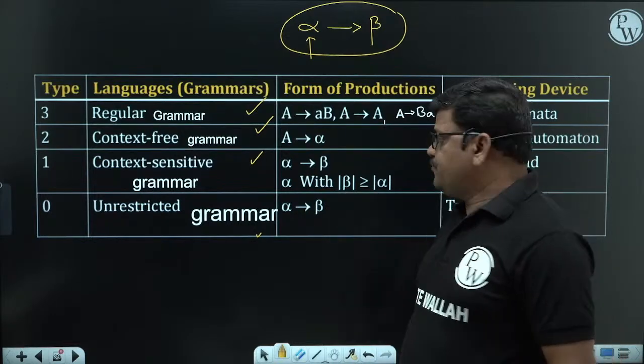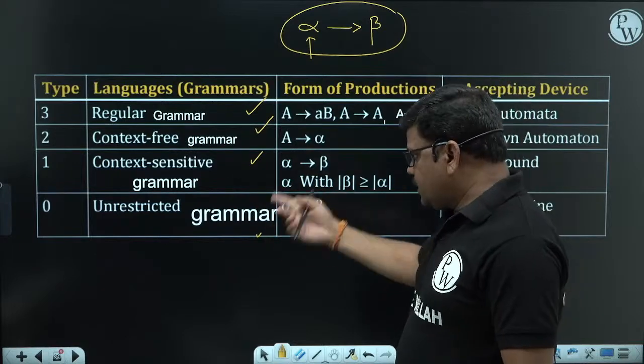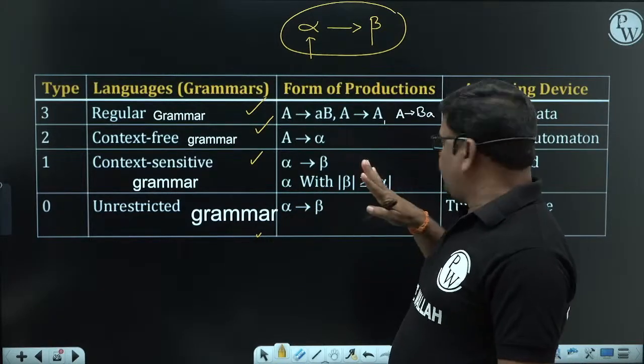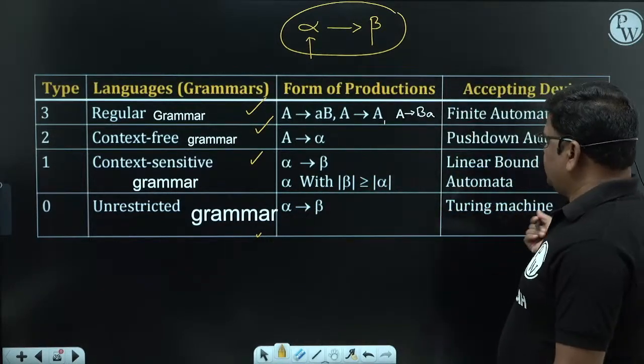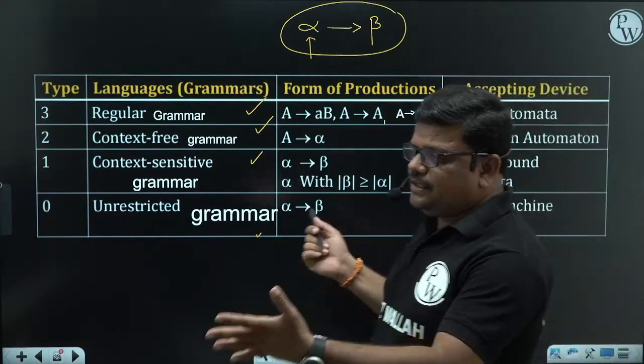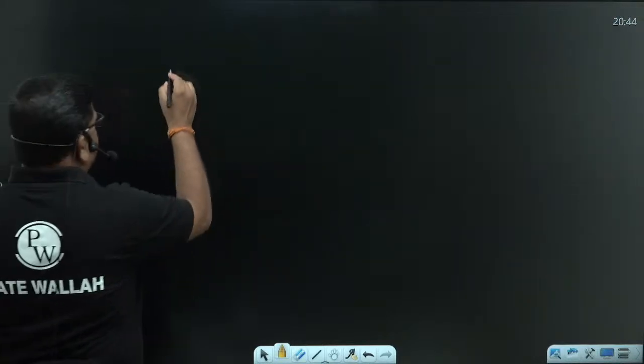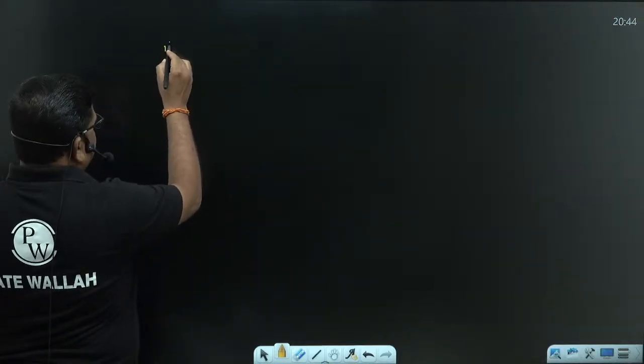Next, type 0 grammar, unrestricted grammar. The suitable machine for this is Turing machine. You can add anything in the left hand side. I can show you an example of this grammar for type 0.